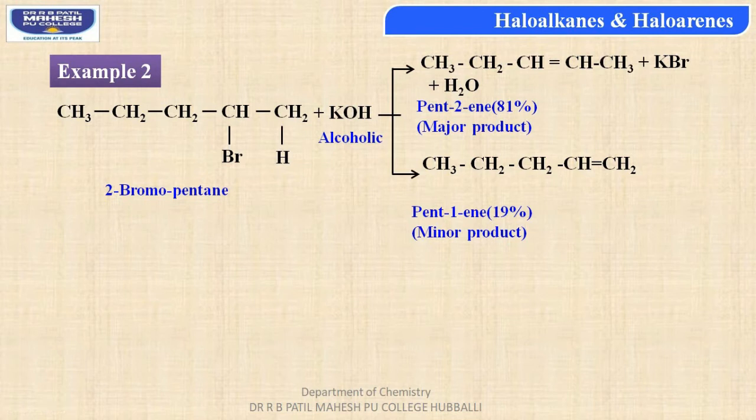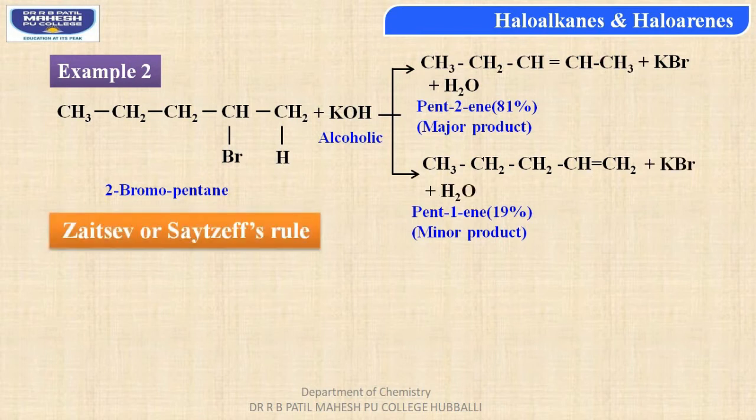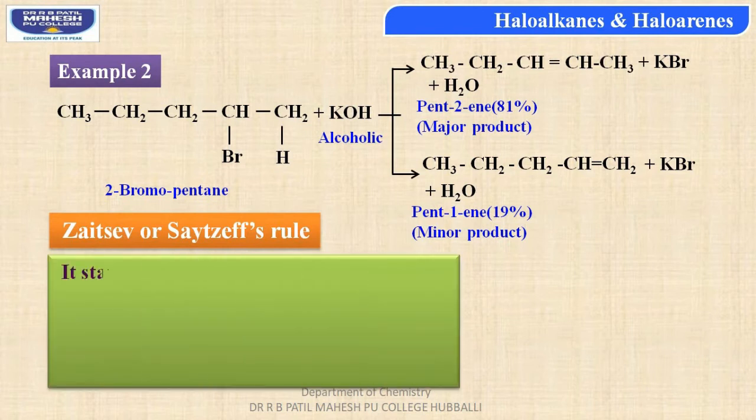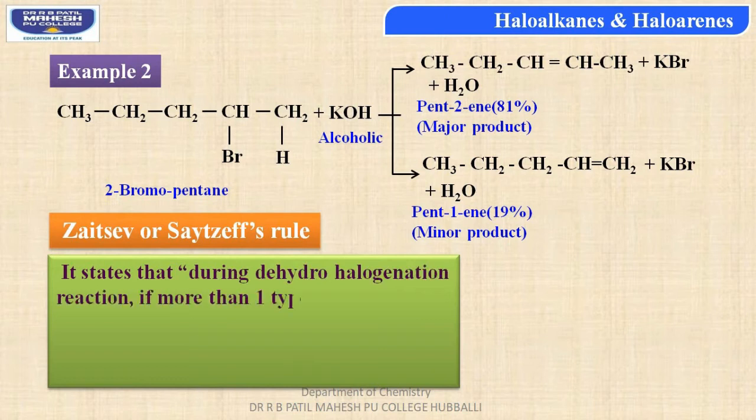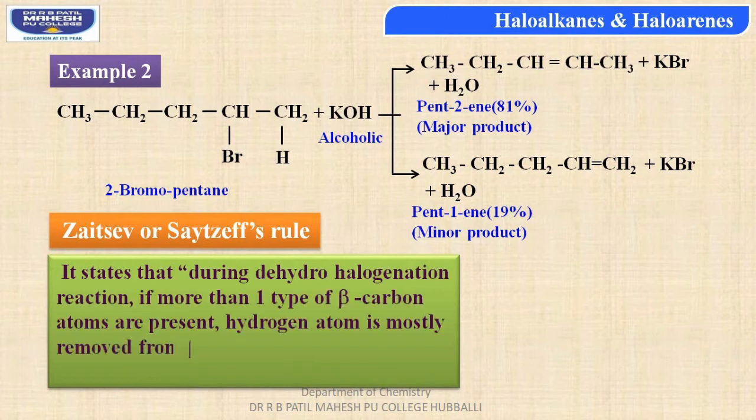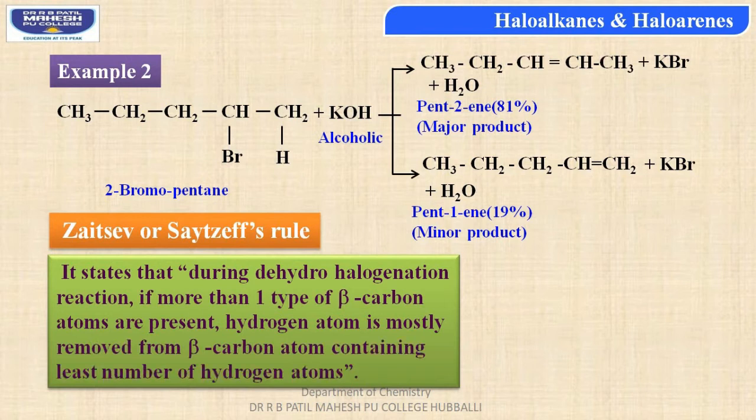Now students, the reason for the formation of one product as a major and the second one as a minor would be given by Saytzeff's rule, or else Zaitsev rule. It states that during dehydrohalogenation reaction, if more than one type of beta carbon atoms are present, hydrogen atom is mostly removed from the beta carbon atom containing least number of hydrogen atoms.